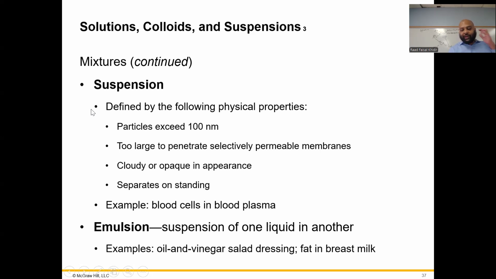So you have nonpolar fat in the breast milk. You have oil in vinegar. That's an emulsion. So in an emulsion, you will have something like water and oil. What is water and oil an example of? That's an emulsion. Both cannot dissolve in each other, so you'd have an emulsion.